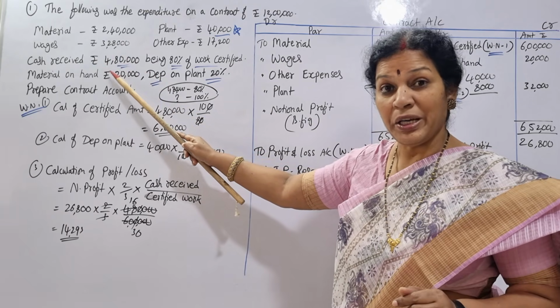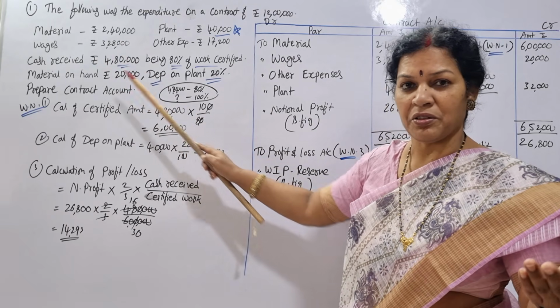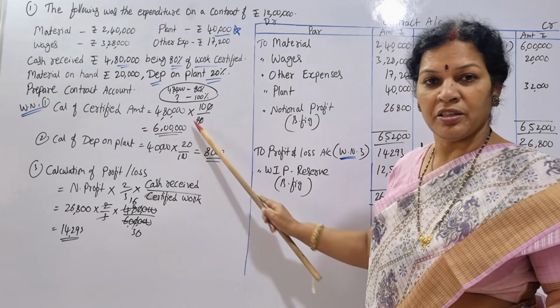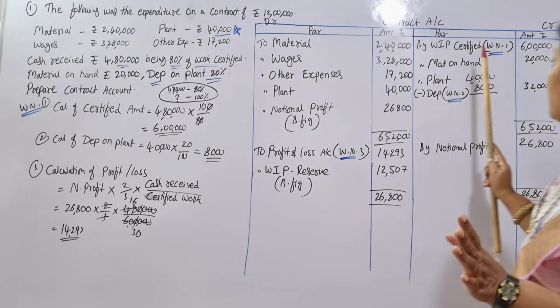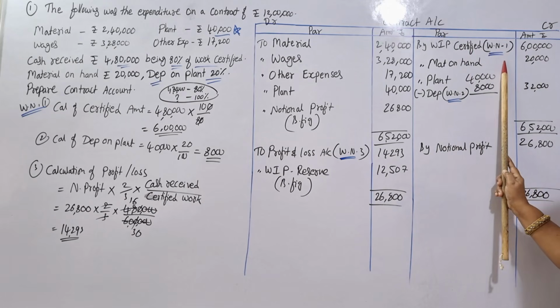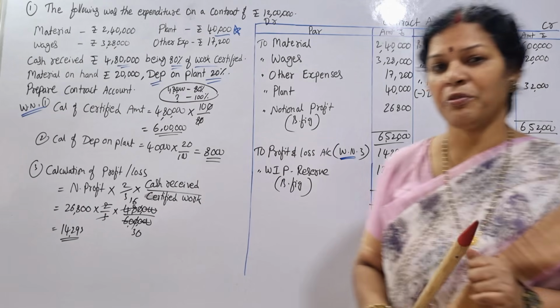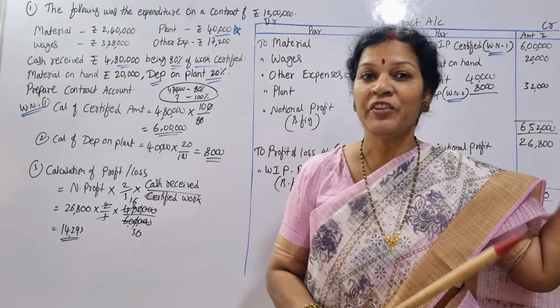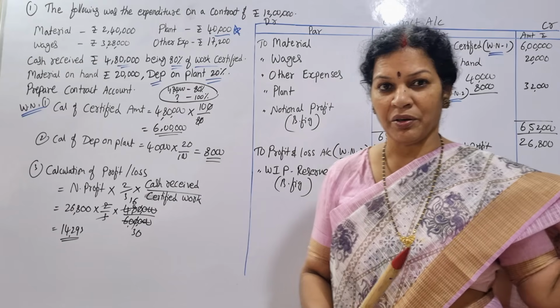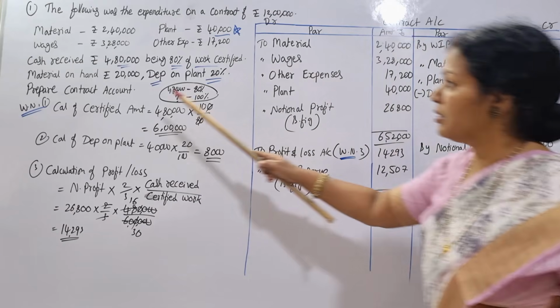How? Amount received into 100 by 80, so you will get 6 lakh. This is certified, and we write it on the credit side. Sometimes you will get uncertified work also, which we could have written if it was given. Right now it is not given.